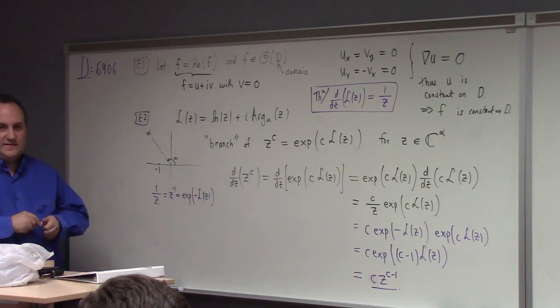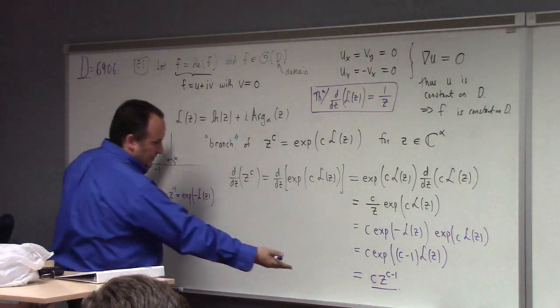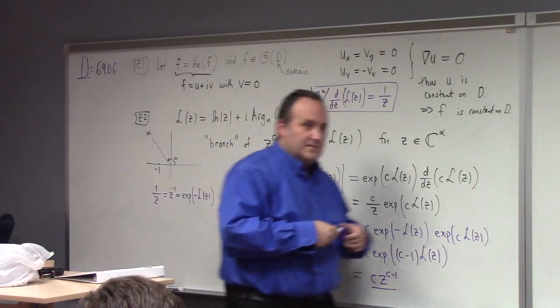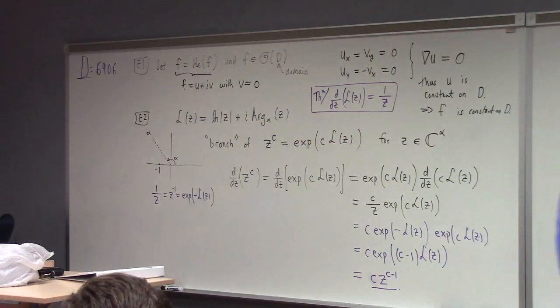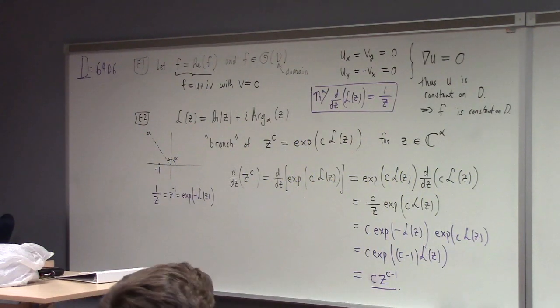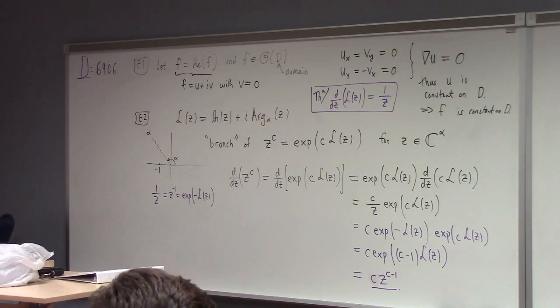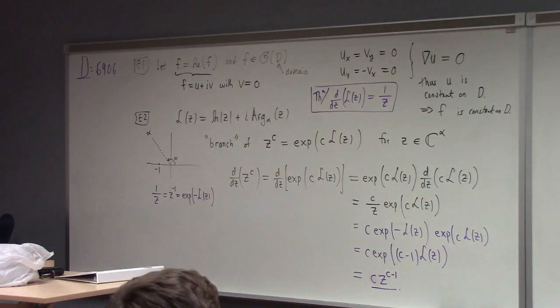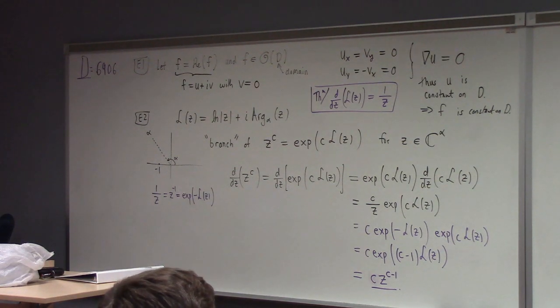This should not be surprising because this is the power rule. So the power rule holds for complex powers, subject to the condition that we are on a branch. This breaks down if my z happened to be along the alpha ray, then I'd be in trouble.